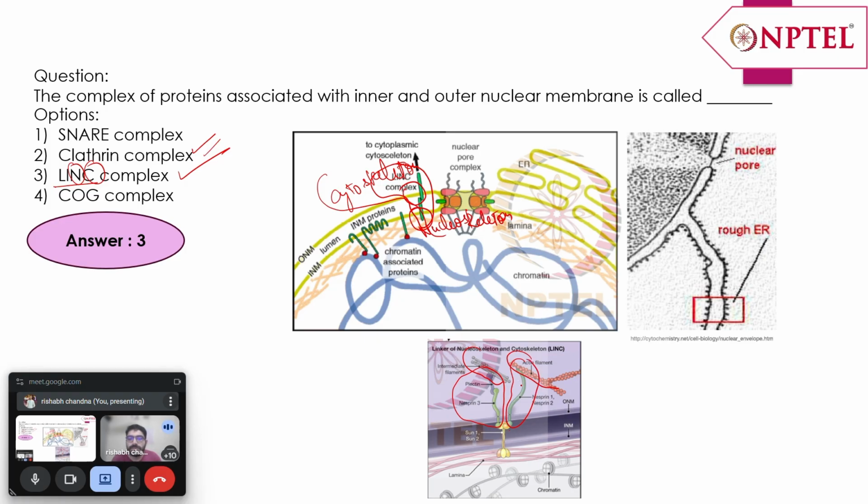So this was from the cytoplasmic side. Now there are two proteins called SUN1 and SUN2. These two proteins are bound from the outer membrane of the nucleus to the inner membrane, and this extension is bound to lamins.